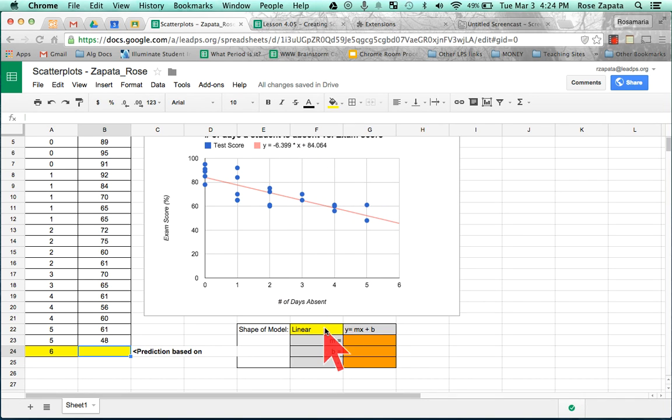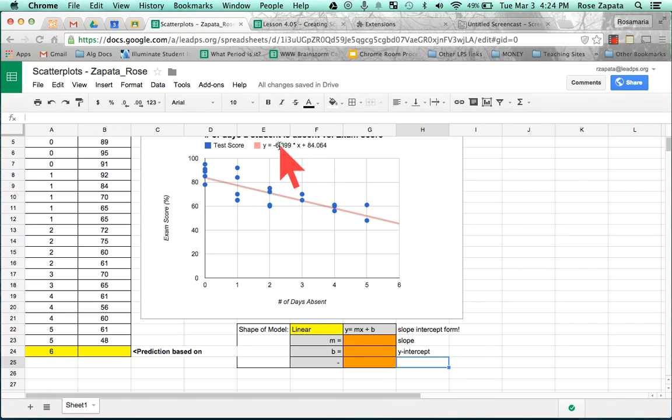So quick review. If we have a linear equation, that's y equals mx plus b form. Remember, this is called slope-intercept form, where m is your slope and b is your y-intercept. And in our equation, which was given to us, the value of m will be the coefficient of x.